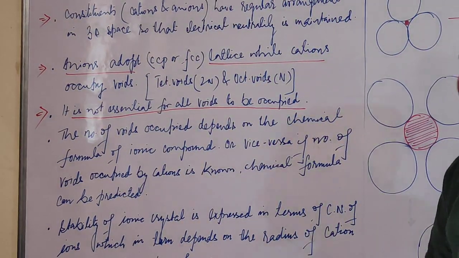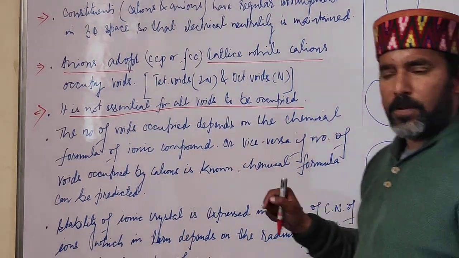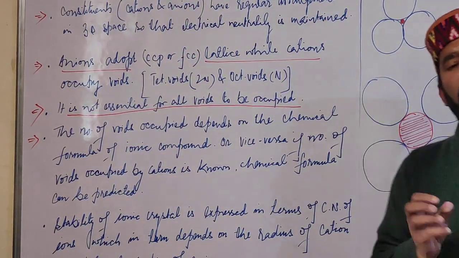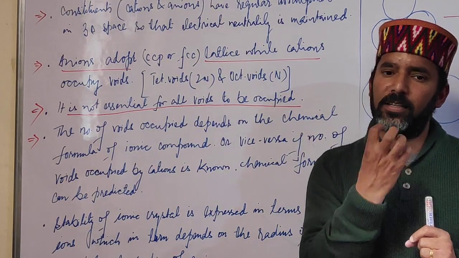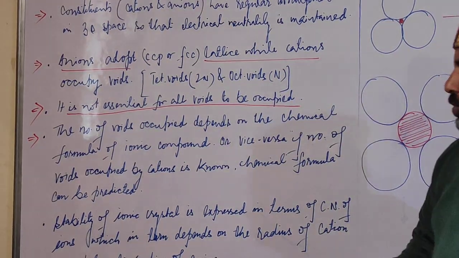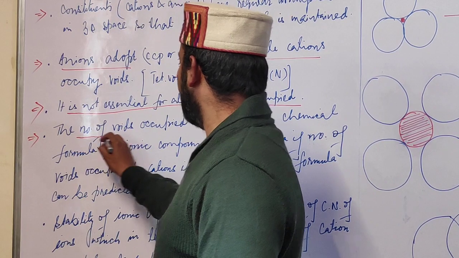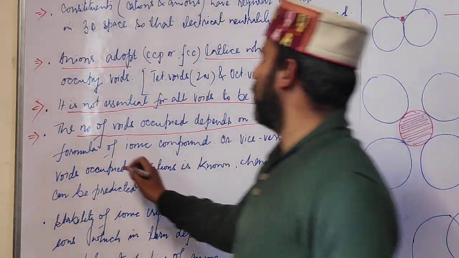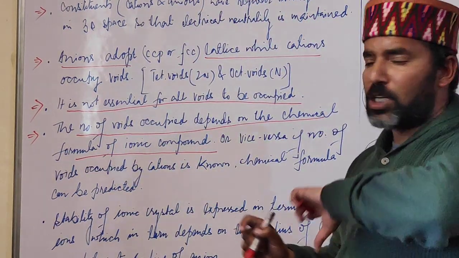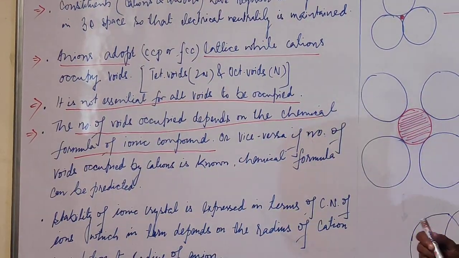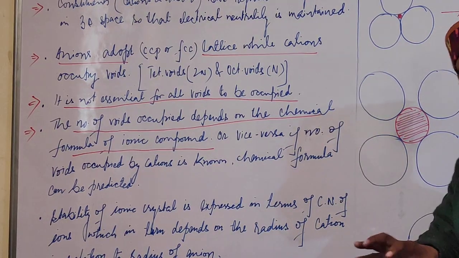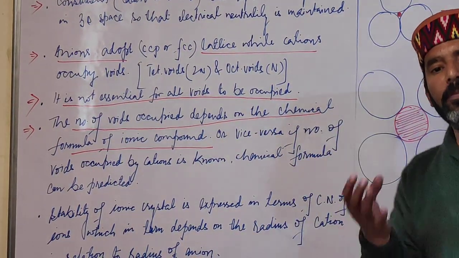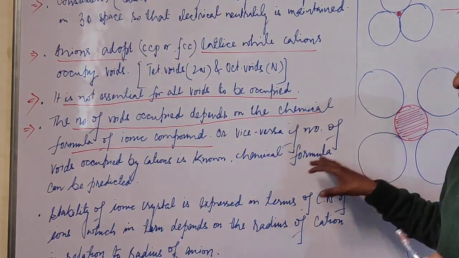How many voids the cations will occupy in an ionic crystal depends on the chemical formula of that ionic crystal. So the number of voids occupied by the cations depends on the chemical formula of the ionic compound. And vice versa, you can also say that if the number of voids occupied by the cations is known, we can predict the chemical formula of that ionic solid.